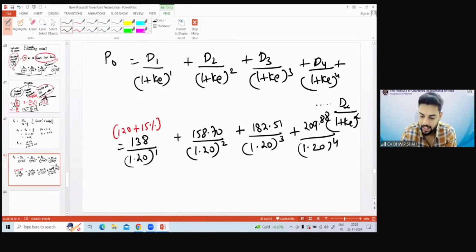Correct. Any doubts still here for 4 years? We have just added the growth rate each year.